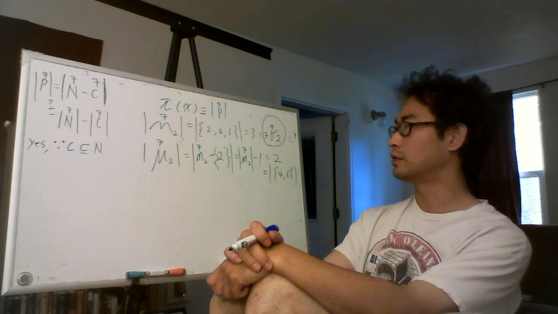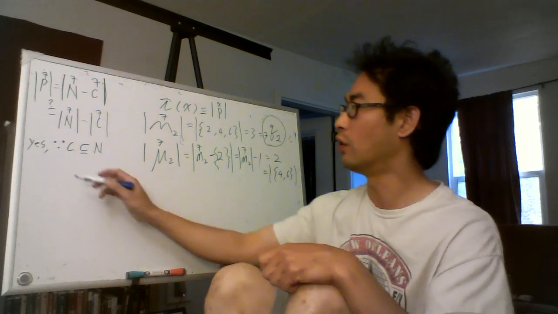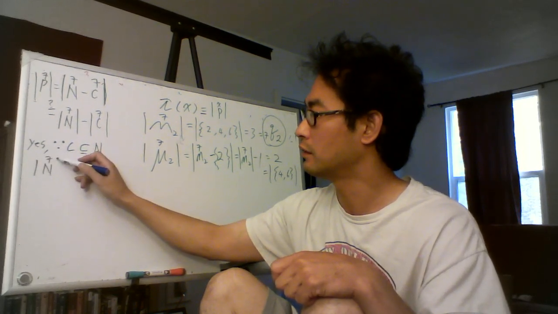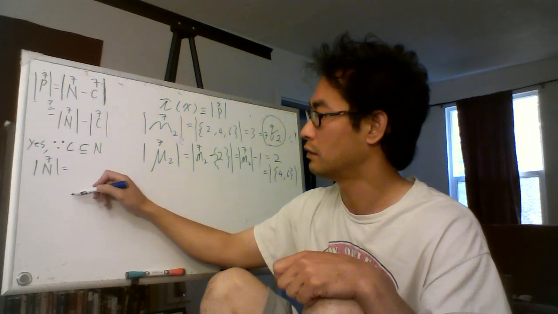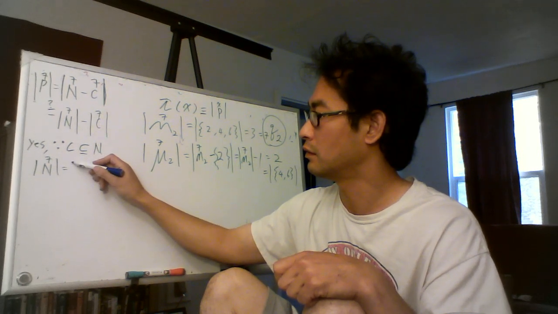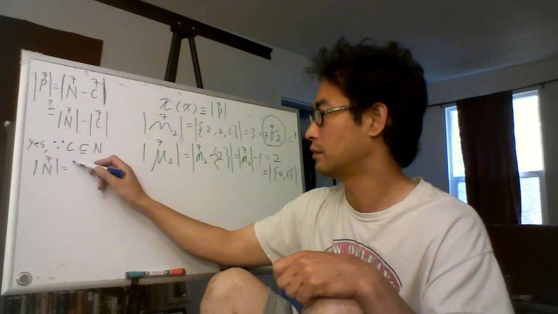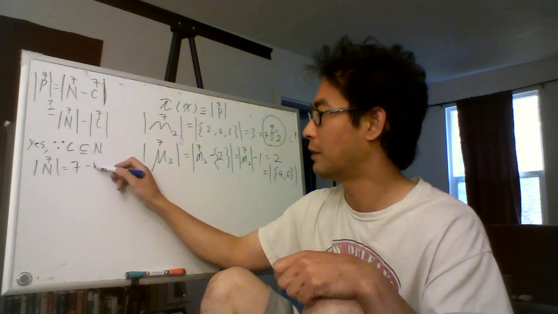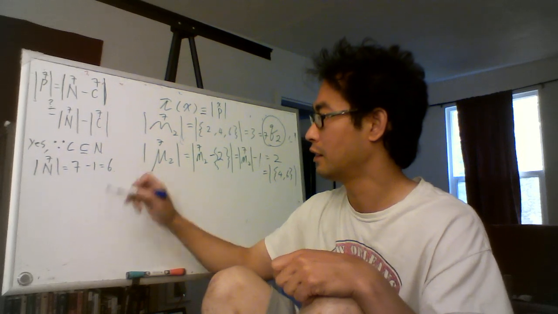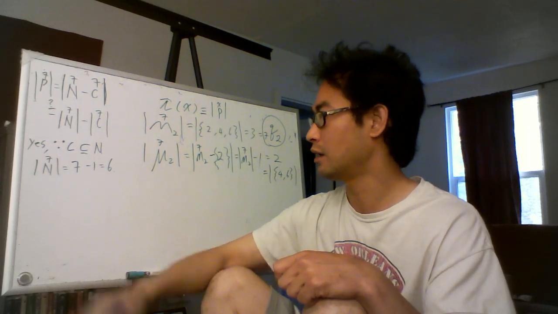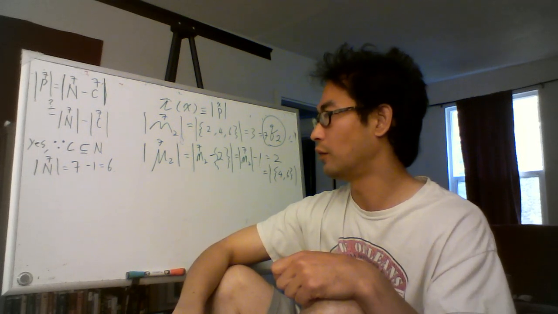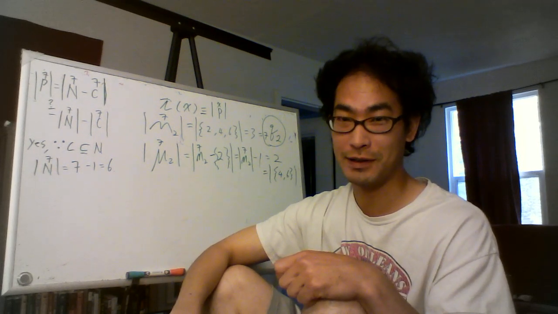Alright, so we know N top 7 is 7 minus 1, which is 6. Why? Because what is N top 7? From 2 to 7, positive integers.